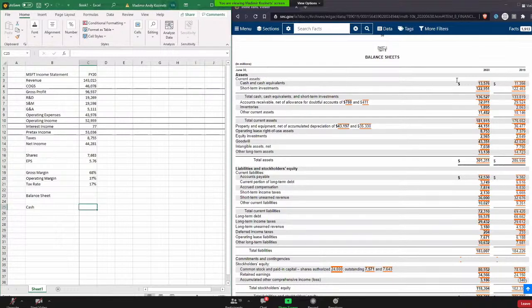So let's start off with 13,576 plus short-term investments, which are also liquid enough to be called cash, 122,951. It's very important to look at the balance sheet for a company because you want to see a company that has more cash than debt. So that's their total cash.